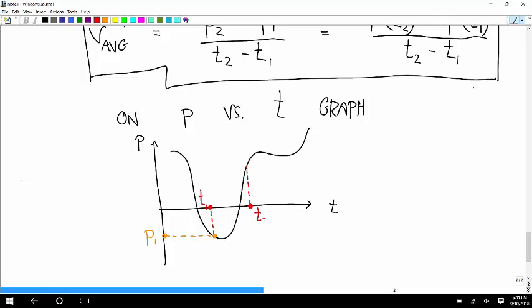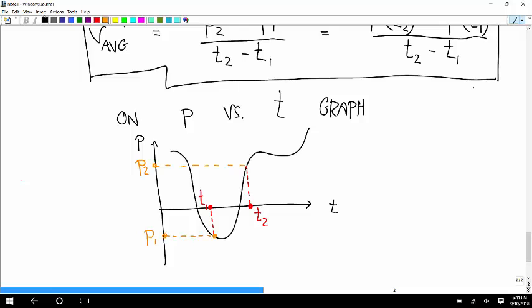So this is our T2, and then this would be our position P2. Can you follow what I'm drawing on here?